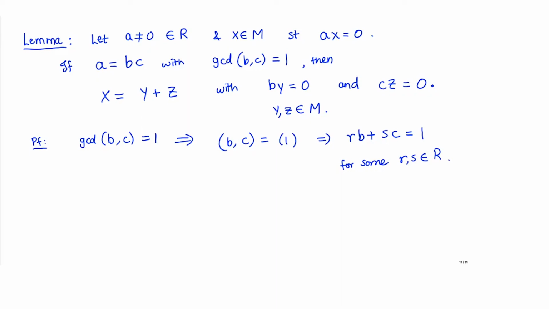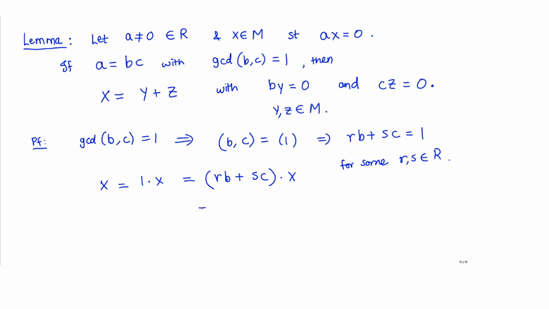Now this is where my splitting is going to come from. So my element x, which I want to split into two pieces, I think of it as 1 times x, and 1 I write as RB plus SC acting on x.